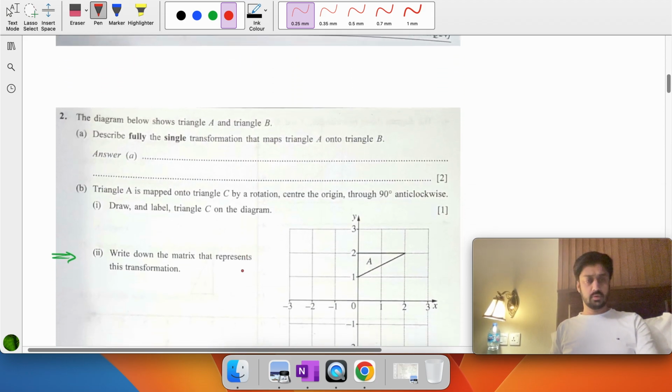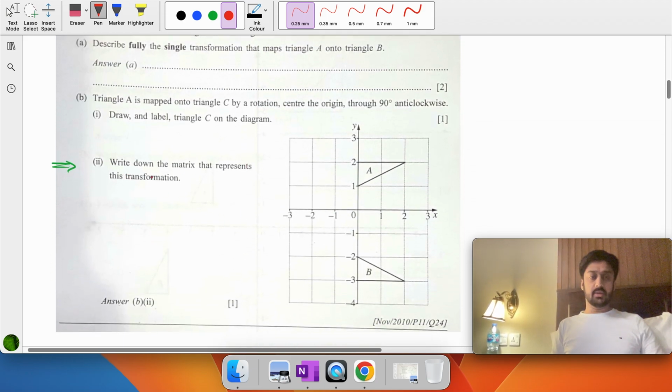Let's move on to the next example. Write down the matrix representing the transformation. Now look at this question. The triangle A is mapped onto triangle C by a rotation, center origin, through 90 degrees anti-clockwise. So this is center and 90-degree anti-clockwise. I'm not focusing on this transformation right now.